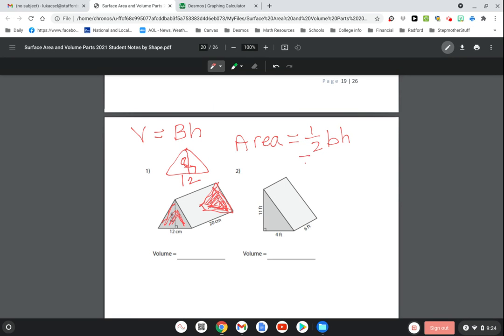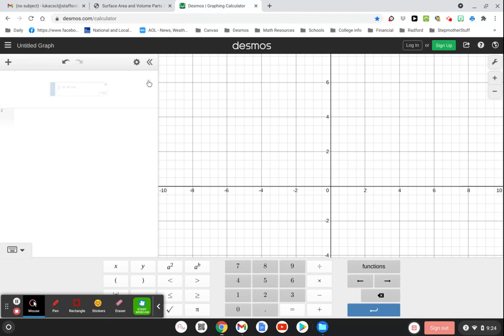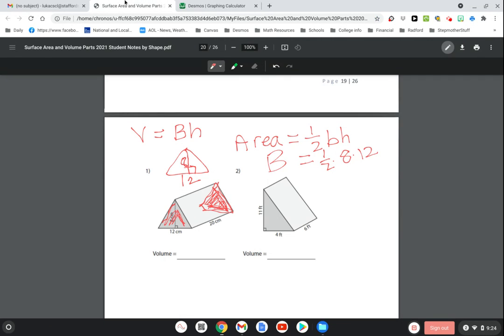So our area formula looks like this. You can say 8 times 12 or 12 times 8, but that's your B. And you can go over to Desmos and type that in. And you're going to get 48 for that B. So now you just have to figure out what the height is.